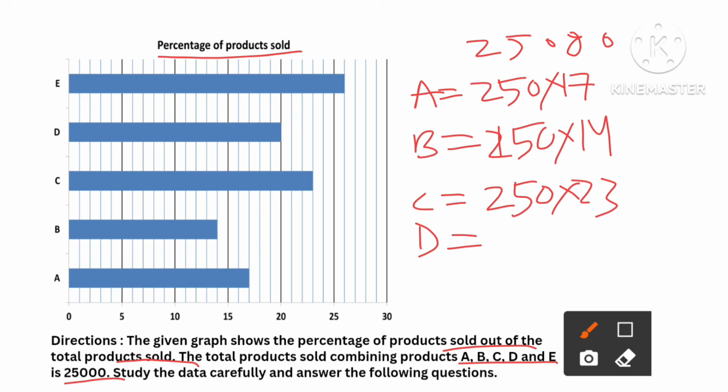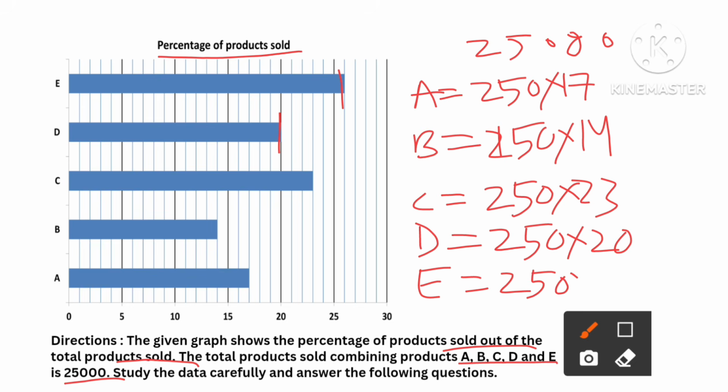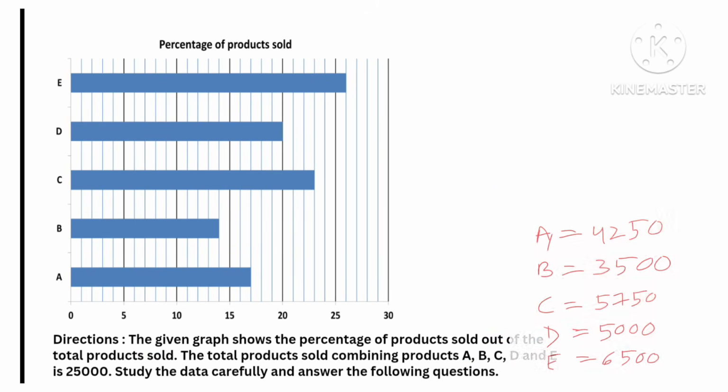D value is 20, so 250 into 20. E value is 26, so E value will be 250 into 26. We need to find these values and write a table for that. So this is the table we got.